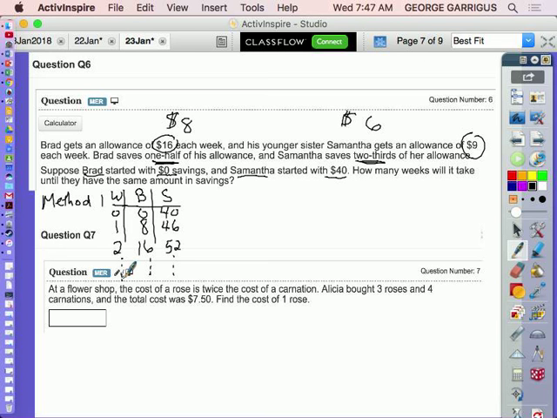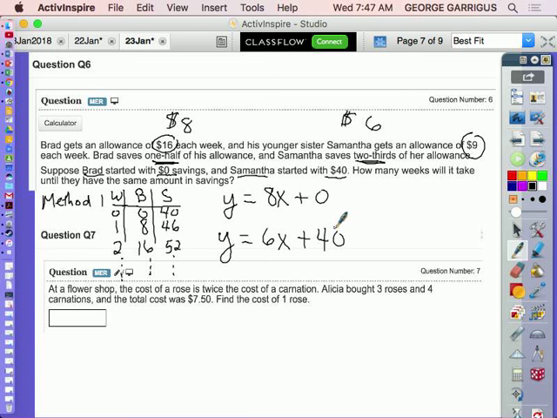It's a little bit easier if you can see that Brad is saving $8 a week. So the savings, let's call it Y, he's saving $8 for every week, we'll call it X, but he starts at 0. And then Samantha is saving money too. She's saving $6 every week, but she starts with 40.